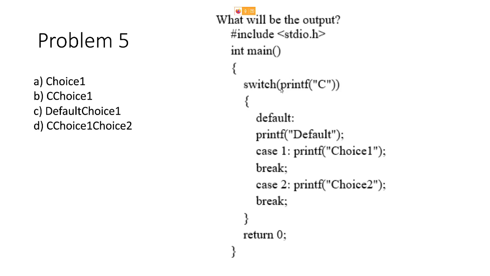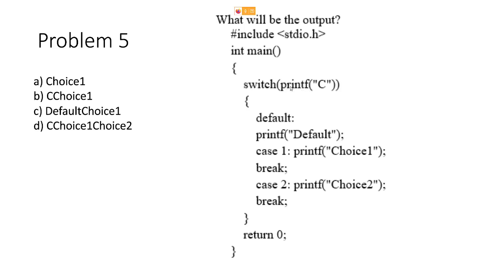Now here I'm saying that printf returns the number of characters printed on the screen. Here it is taking a string which has only one character, C, so it will return 1. The printf function, which is a library function, returns the number of characters printed.